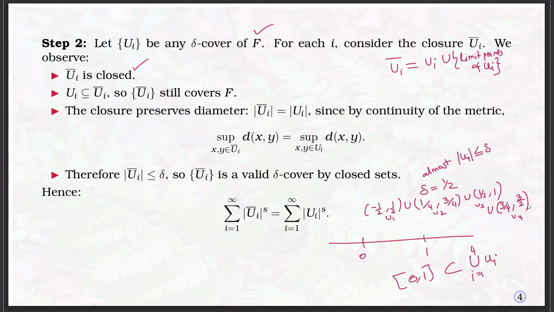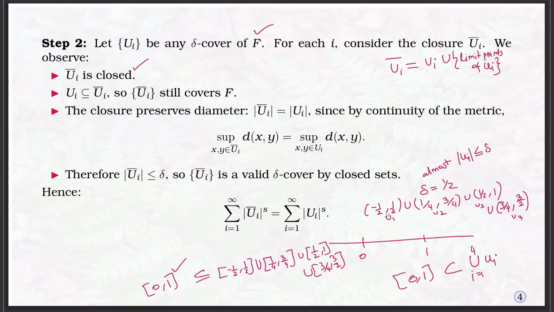Now, take the closure of all the sets. If you are taking the closure of all the sets, it will include the endpoints: [-1/4, 1/2] union [1/4, 3/4], this is quarter to 3/4, and [1/2, 1] union [3/4, 3/2]. If you are taking the closure of all the intervals given here, still it covers the closed interval [0, 1].